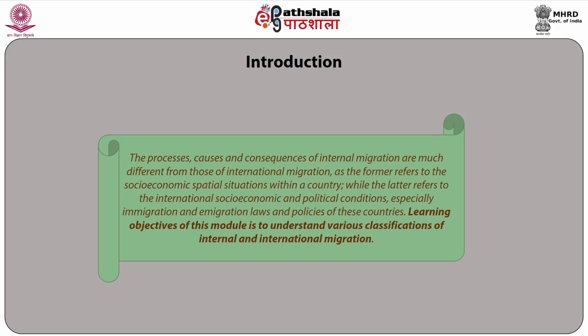The processes, causes and consequences of internal migration are much different from those of international migration, as the former refers to the socio-economic spatial situations within a country, while the latter refers to the international socio-economic and political conditions, especially immigration and immigration laws and policies of these countries.